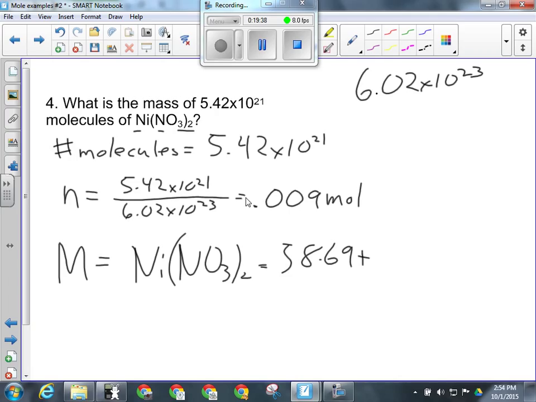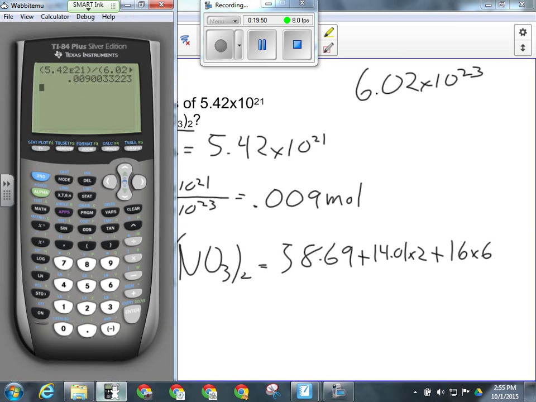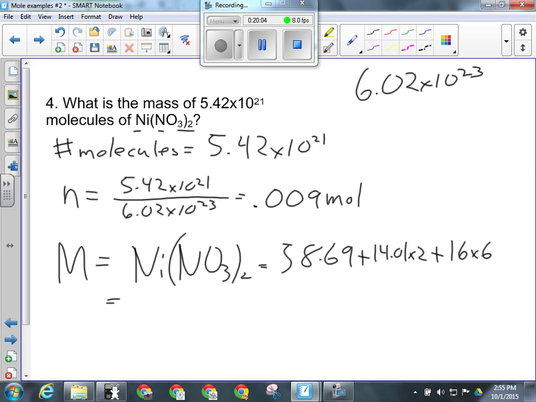How many nitrogen do I have? 2. And how many oxygen do I have? 6. We put all of those together and we get molar mass. So 58.69 plus 28.02 plus 16 times 6 is 182.71 grams per mole.